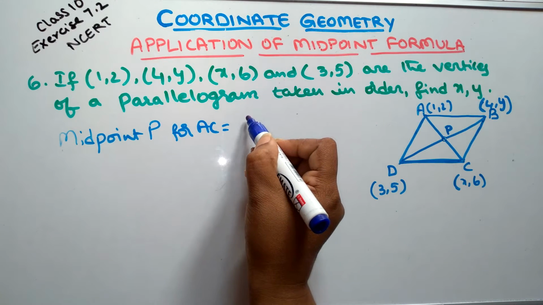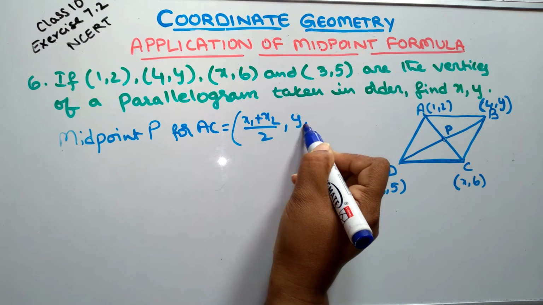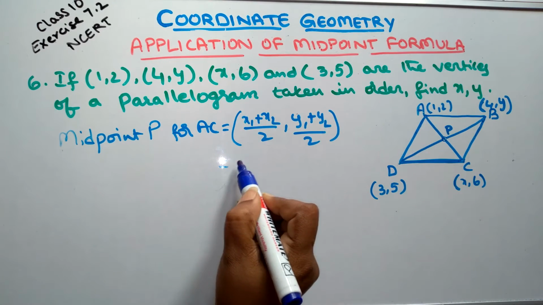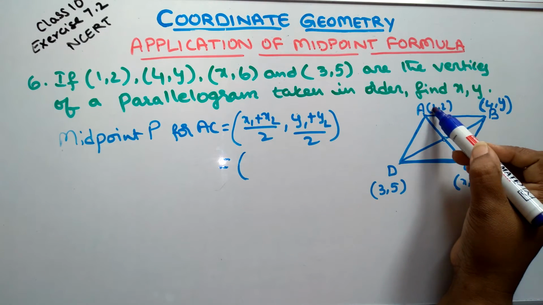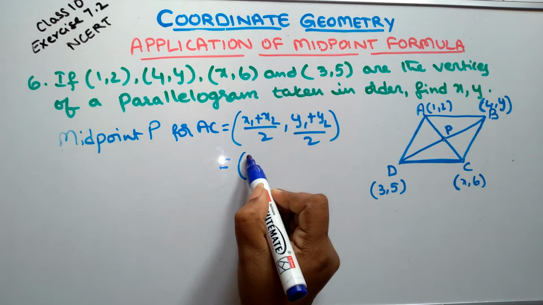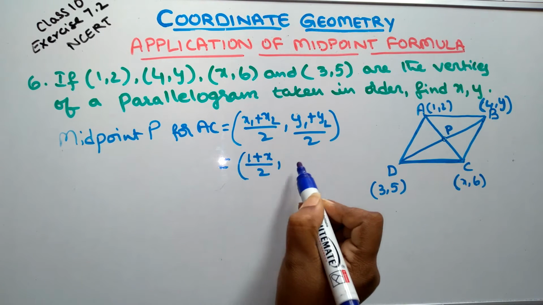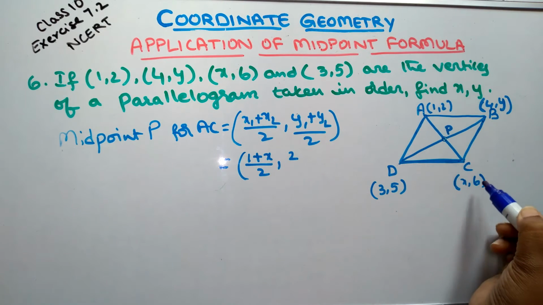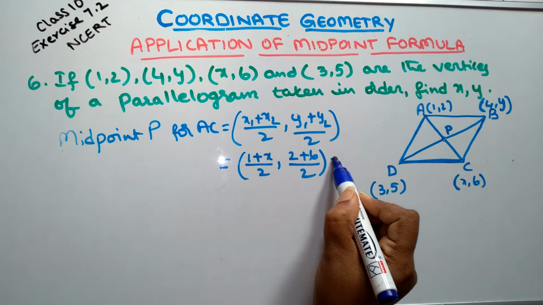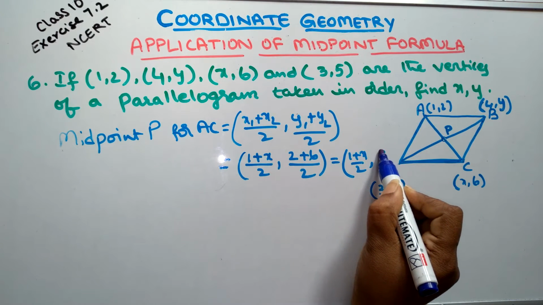We know that the midpoint formula is ((x1 plus x2) by 2, (y1 plus y2) by 2), which is equal to, here x1, y1 are 1 comma 2 and x2, y2 are x comma 6. x1 is 1 plus x2 is x by 2 comma y1 is 2 and y2 is 6 by 2. This is equal to ((1 plus x) by 2, 8 by 2).